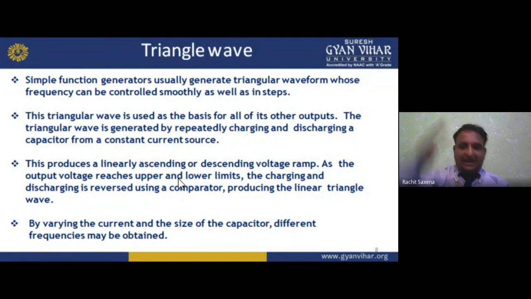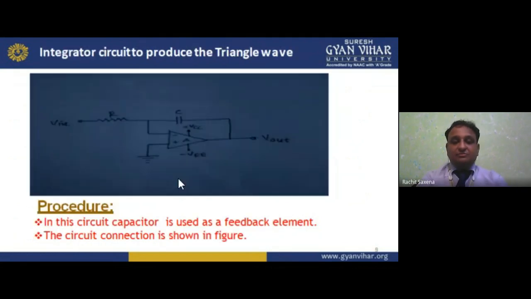The charging and discharging is reversed using a comparator, producing a linear triangle. By varying the current and size of the capacitor, different frequencies may be obtained. Now, see here.